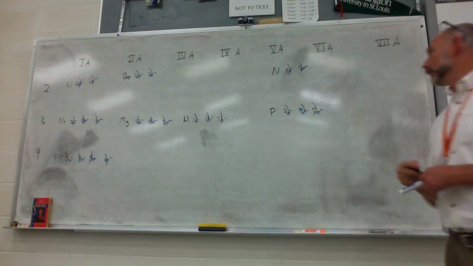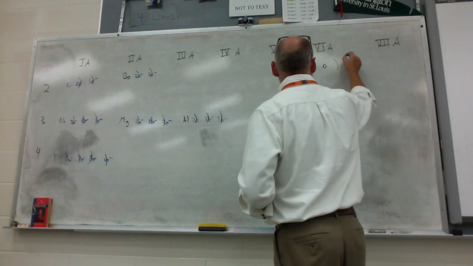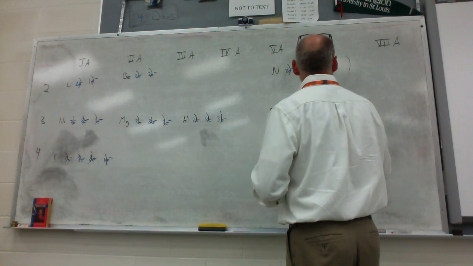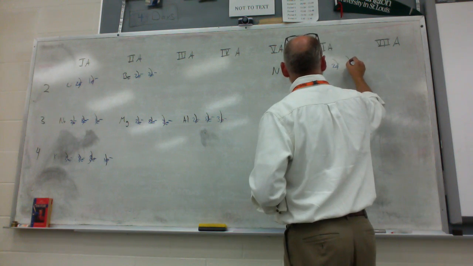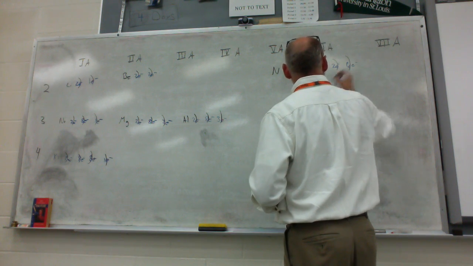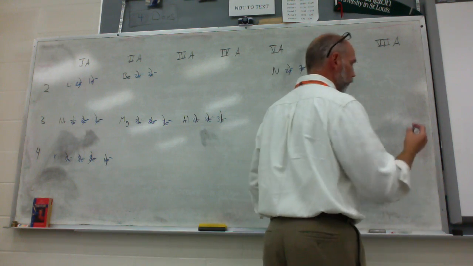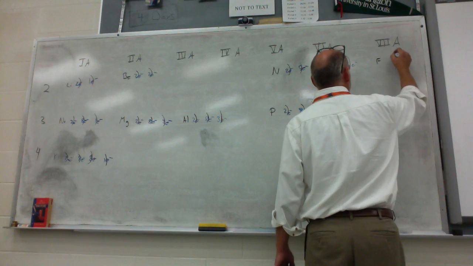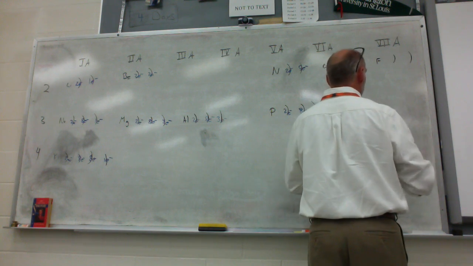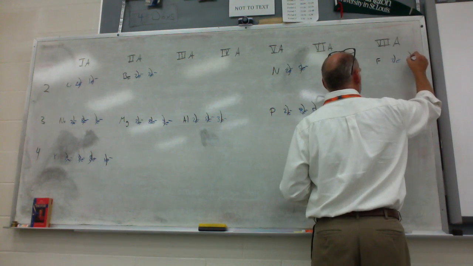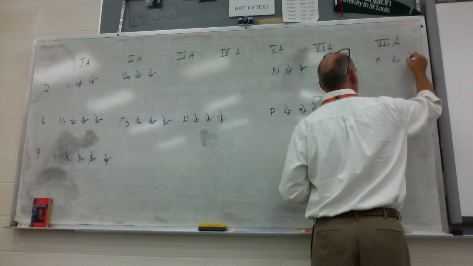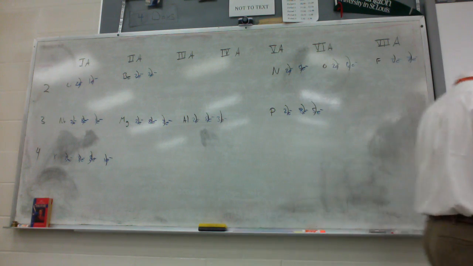Let's look at oxygen. Oxygen has 8 electrons. 2 in the first, 6 in the second. And just for fun, let's look at fluorine, which has 9 electrons. 2 in the first, 7 in the second.